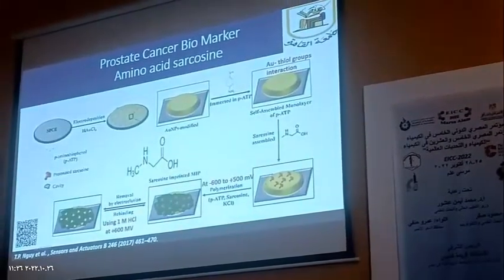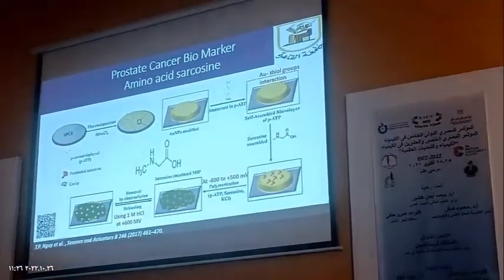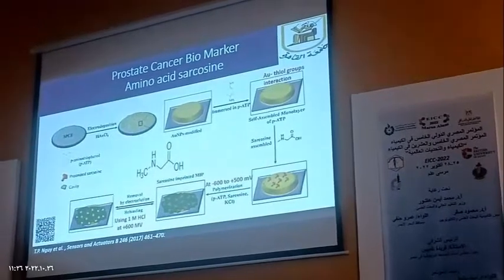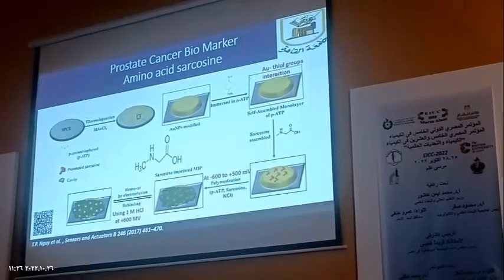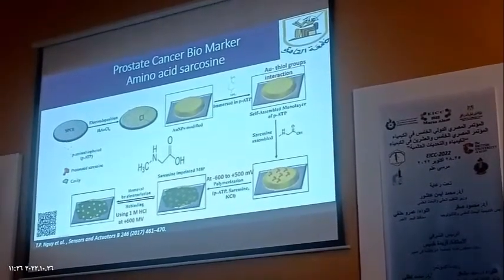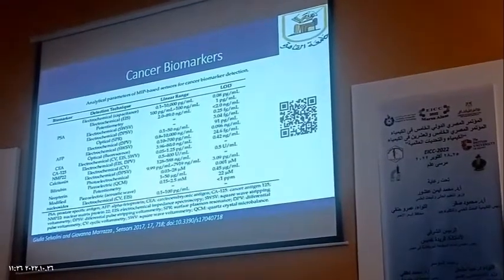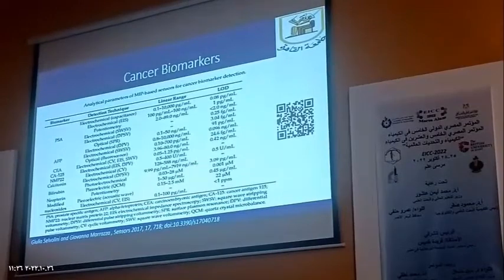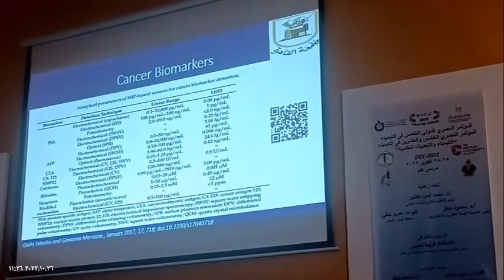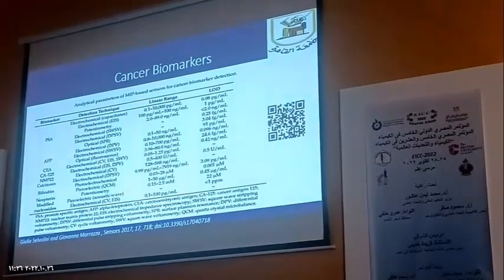So having just a sensor and a test that is accurate to quantify how much sarcosine is there is a good and fast indicator to diagnose cancer. It's not about just one kind of cancer. There are a lot of cancer markers that have been reported in the literature, and they have their biomarkers.